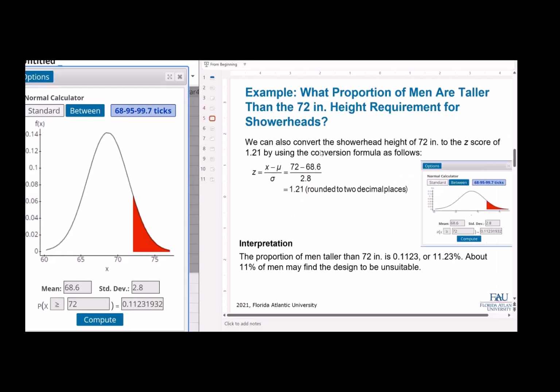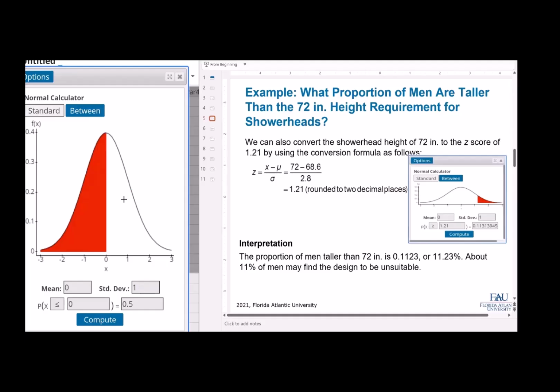0.1123. We could also convert 72 inches to the Z-score by using Z equals (X minus mu) over sigma. X is 72 minus mu, which is 68.6, divided by 2.8. That would give me a Z-score of 1.21.